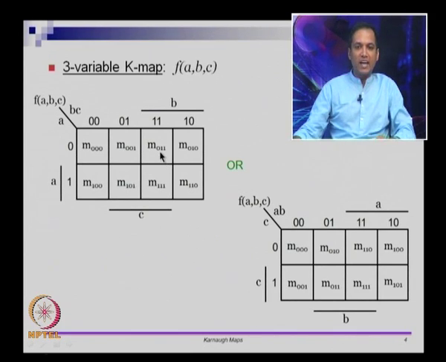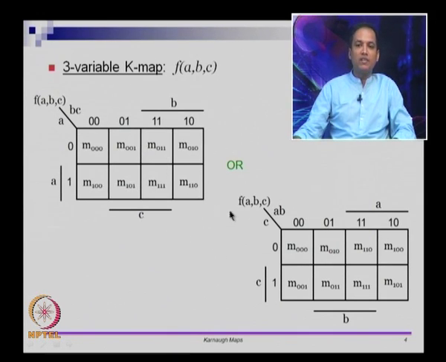If you notice, the second bit is turned on, which means for B equals 1, these are the 4 min terms that capture the fact that B is 1, or it is in the uncomplemented form. And similarly, if you take these 4, this captures the information that C should be 1, or C is in the uncomplemented form. You can see that 001, 101, 011 and 111 has the last bit C, which is 1.